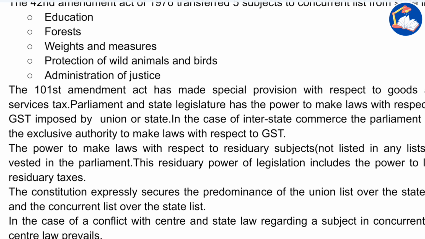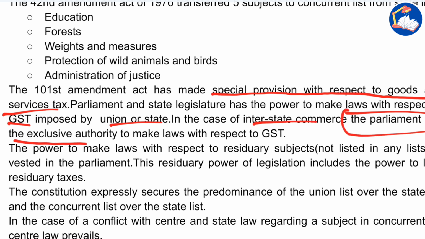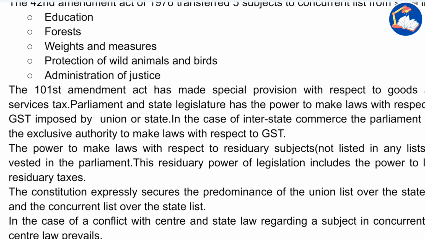Now, the 101st Amendment Act has made special provision with respect to the Goods and Services Tax. The Parliament and State Legislature have the power to make laws with respect to GST imposed by the Union or state. In the case of interstate commerce, the Parliament has the exclusive authority to make laws with respect to GST.